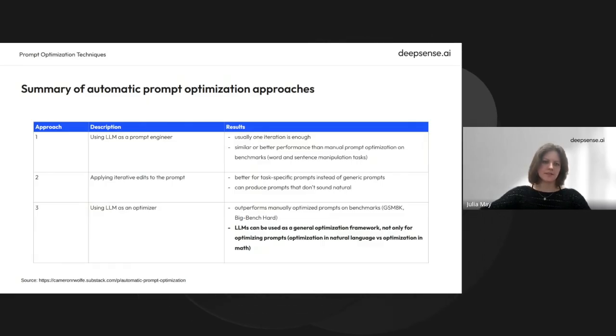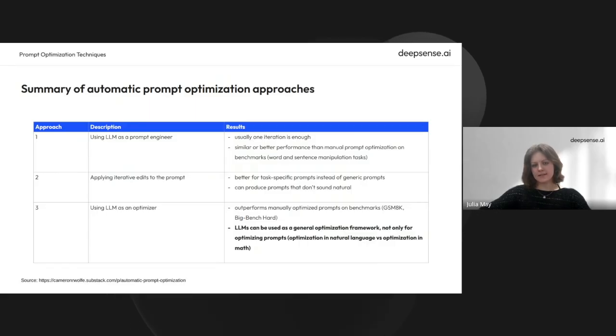The second approach was about applying iterative edits to a prompt. So these were the edits with swapping, deleting, and so on. And it was better for task-specific prompts instead of the generic ones.